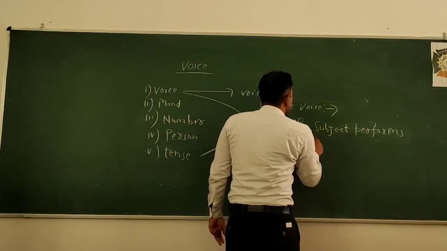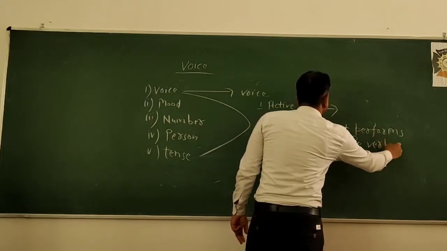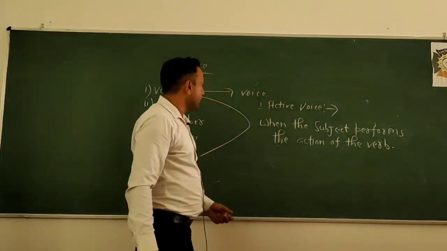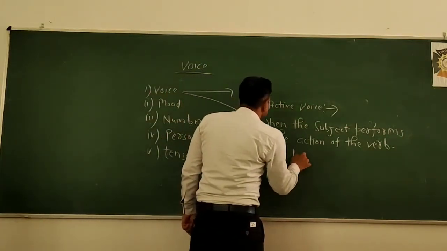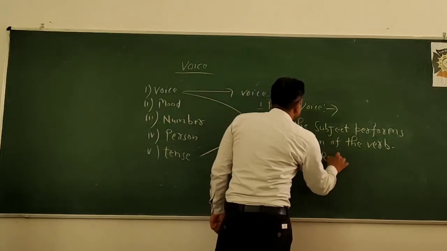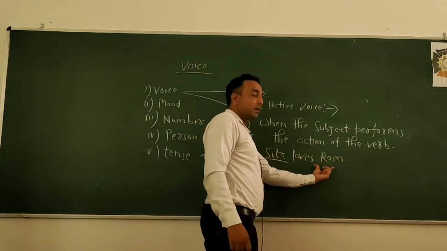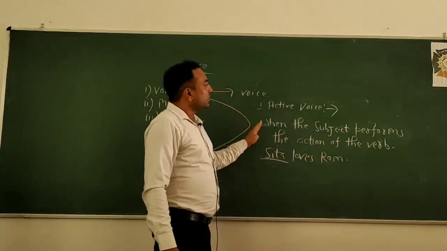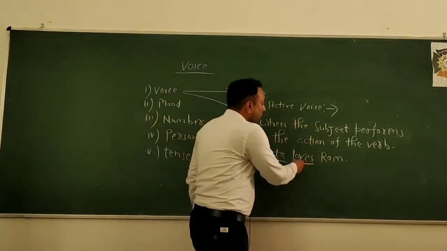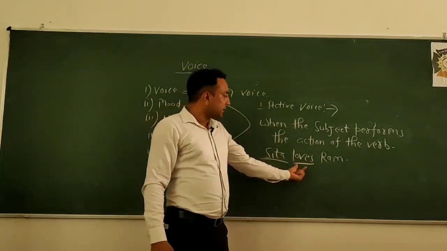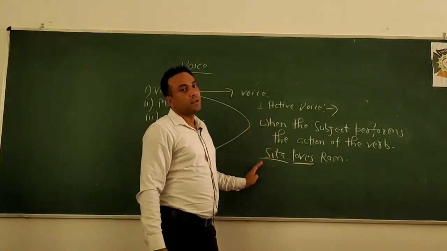I have given you an example. Sita loves Ram. In this sentence, Sita is performing the action of love with Ram. What is the action of the verb? Love. This is the main verb. Who is performing? Sita is performing, and so the sentence is said to be in active voice.